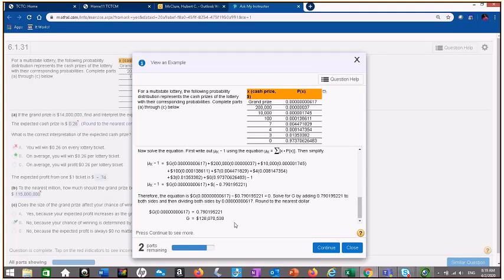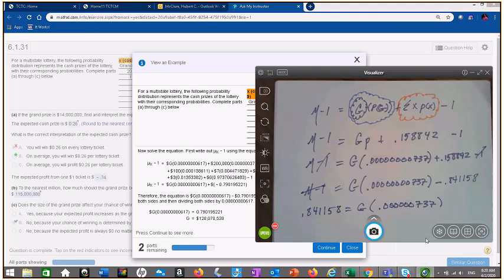I guess that's what we're trying to find. And that gives us 0.841158 is equal to G times 0.00000737. And I hope this is right, because I have no idea.